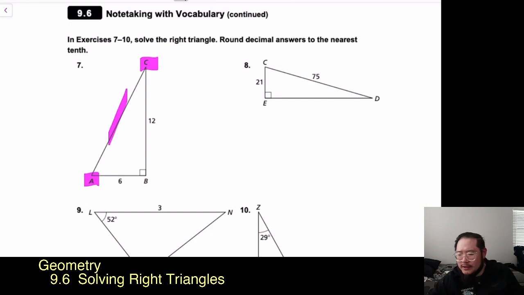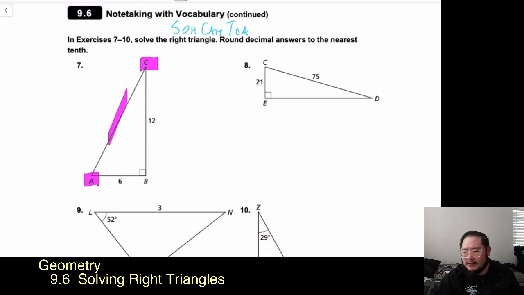So once again, since you're probably not an expert at everything yet, I've got SOHCAHTOA, and I'm looking at whether I want to find, using angle A, let's go ahead, let's start finding angle A. Okay, so with angle A right here, we have opposite and adjacent.